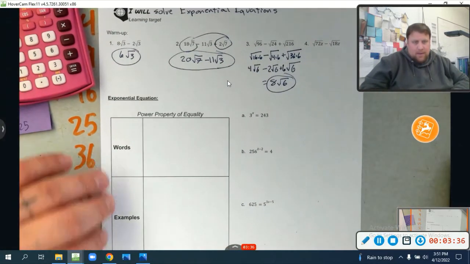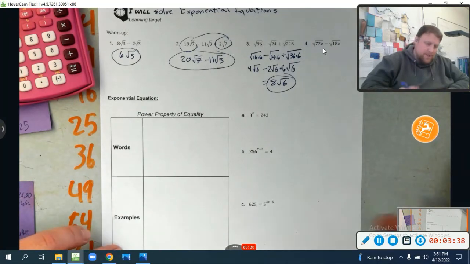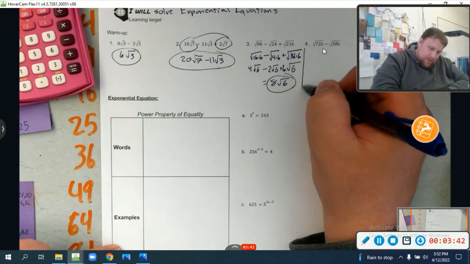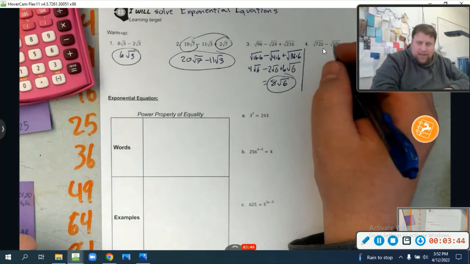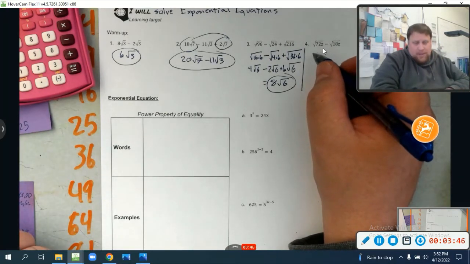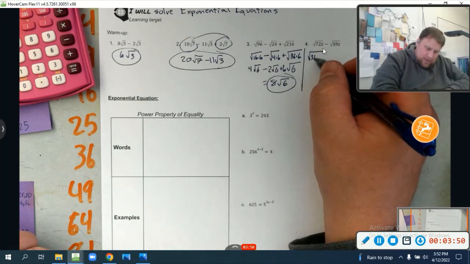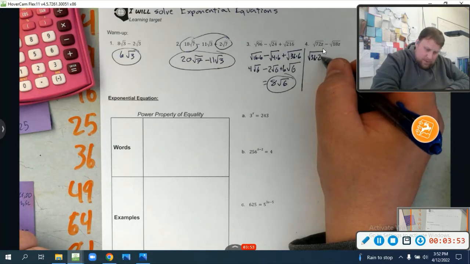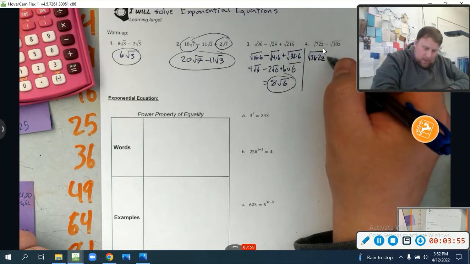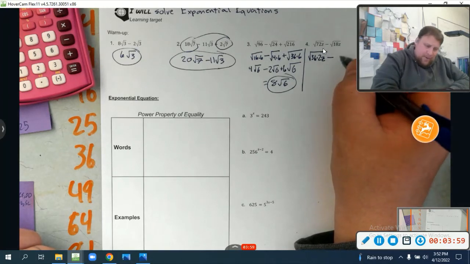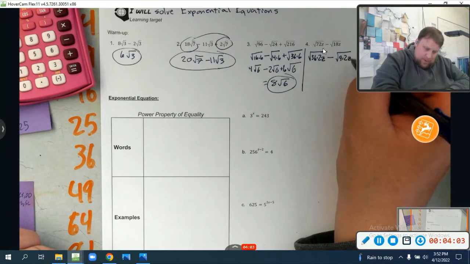Okay. Now, looking at this one, I just know that 72 is 36 times 2. I just do. If you don't see that, you can go down the list, do the same thing, divide it in until you find one that works. But it's 36. So this is going to be the square root of 36 times 2z. Minus, and this one right here, 18, 9 goes into that, so that's the square root of 9 times 2z.